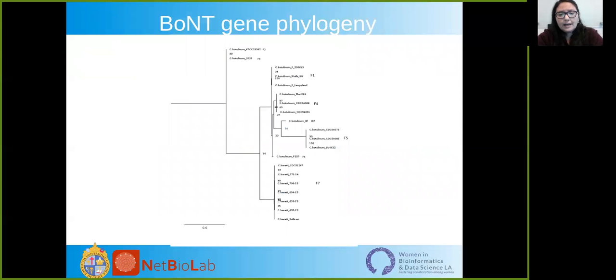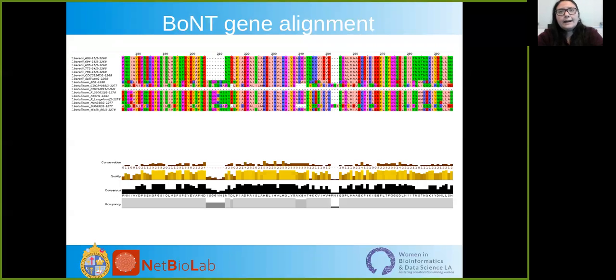We found that all Clostridium baratii produce the serotype F, and the other Clostridium botulinum produce different subtypes of BoNT toxin F. Finally, we found a gap of 7 amino acids near the active site, but this is found only in Clostridium baratii strains.